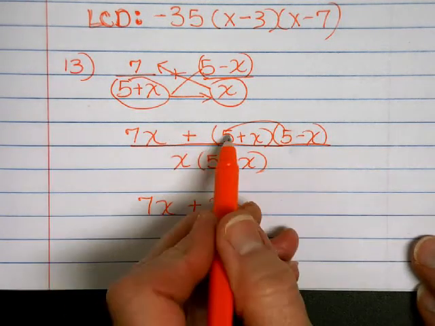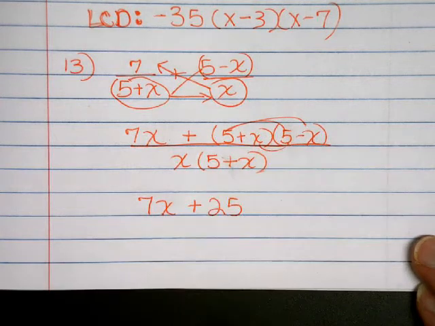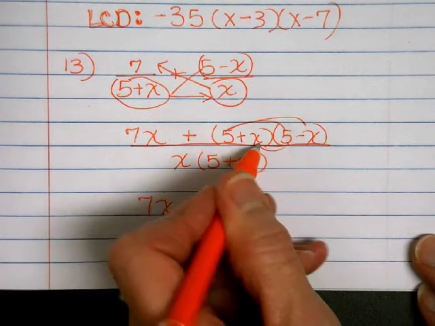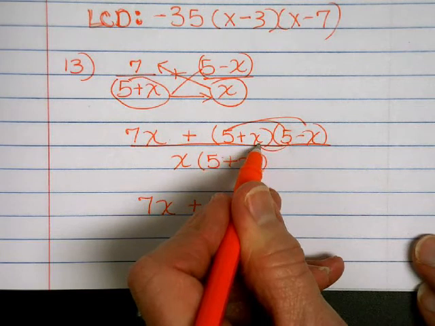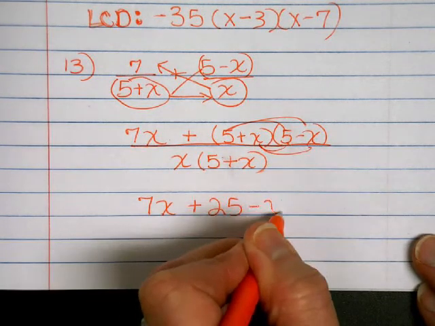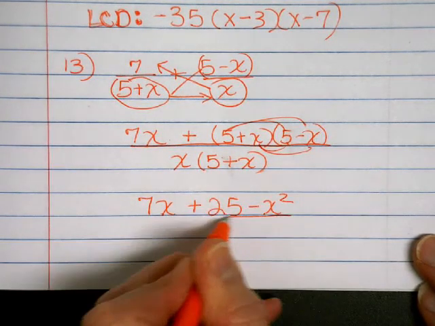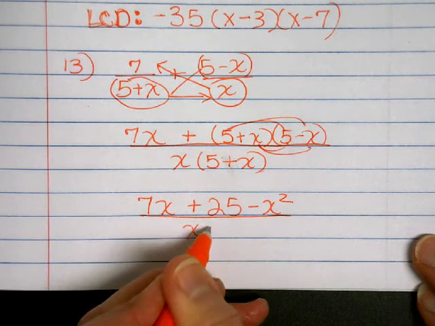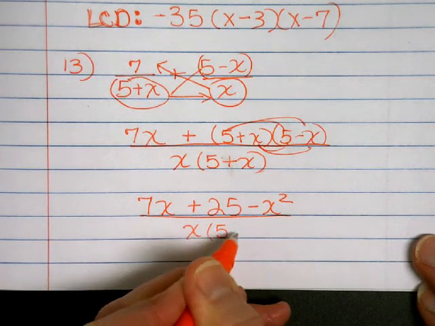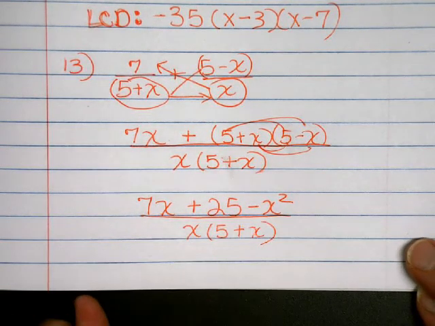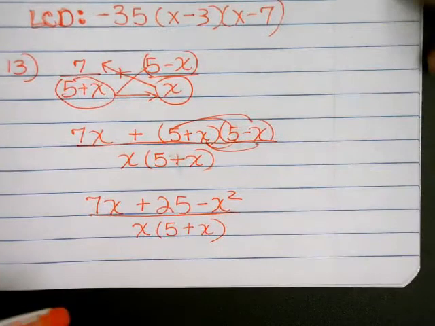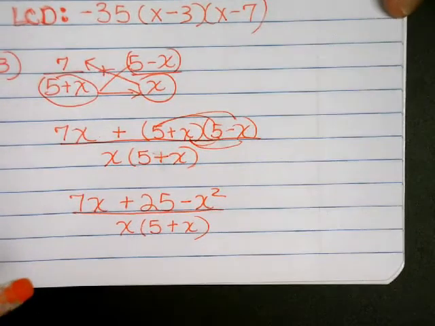This is a plus, so we don't have to be concerned about changing any signs. With subtraction, it gets a little messier. And then negative 5x plus 5x is 0. So I don't have to write that down. I can just write the next term down. X times a negative x is a negative x squared. Then I have my denominator.